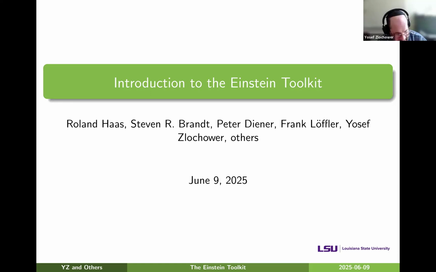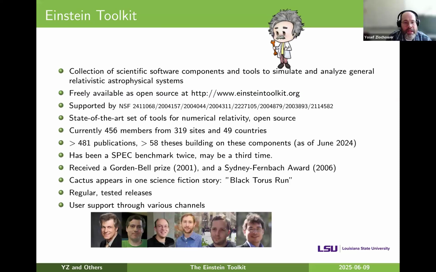Well, thank you. To start off, it's my job here to give you an introduction to the Einstein Toolkit. I would like to thank Roland and Steve and Peter and Frank Loeffler for providing me the slides that I'm going to be using to give this presentation. As Stephen says, this is a traditional talk given at every Einstein Toolkit school.